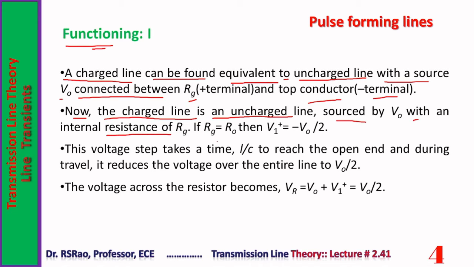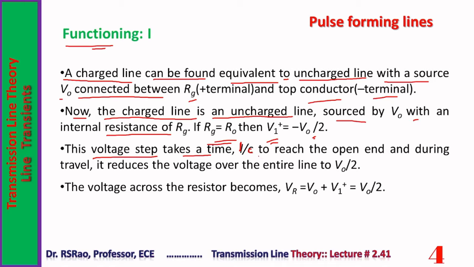If Rg is equal to R0, then V1 plus becomes minus V0 by 2. This voltage step then takes a time equal to L by C. L is the length of the line, C is the velocity. Velocity cannot be C because C is the velocity in free space, but as the line is lossless, velocity is near to C. So here C is used.